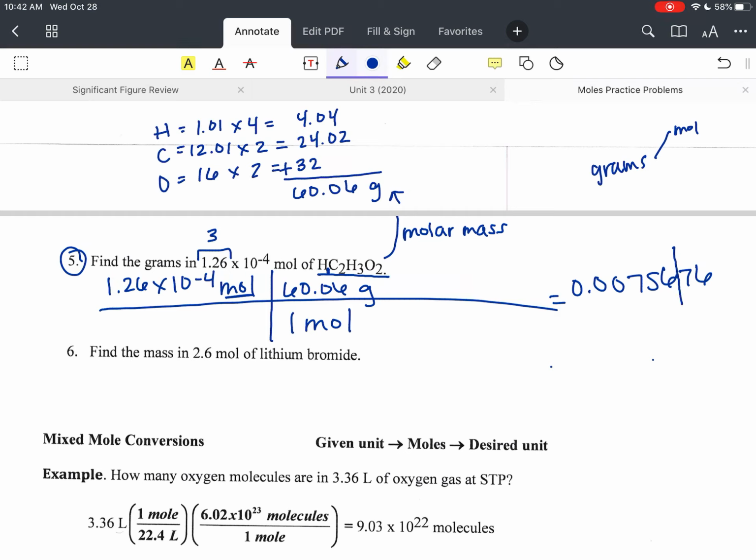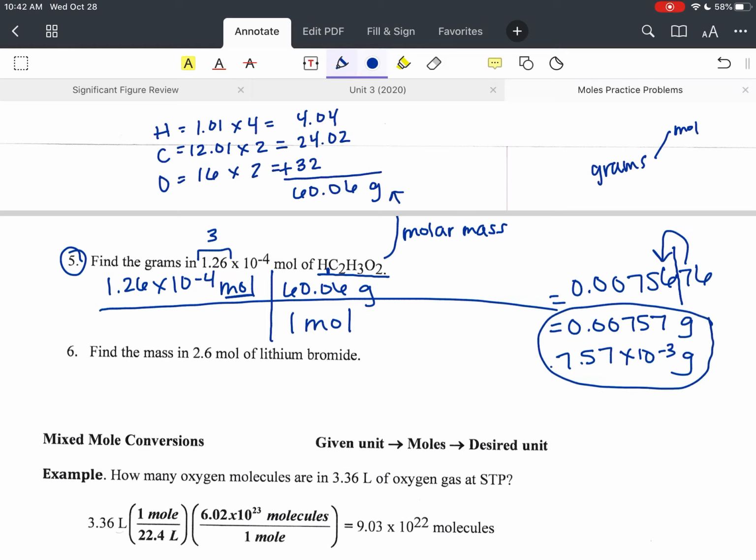So I'm going to stop right there. And it's 757 because the 7 is going to round that 6 up to a 7. Your calculator may give it to you in scientific notation, and that is fine too. So either one of those could be the answer.